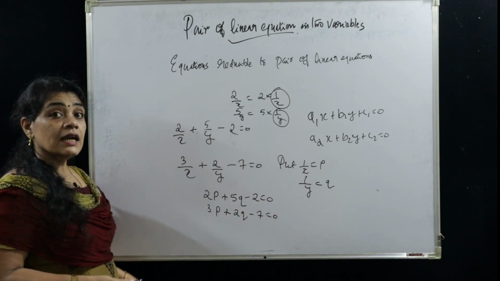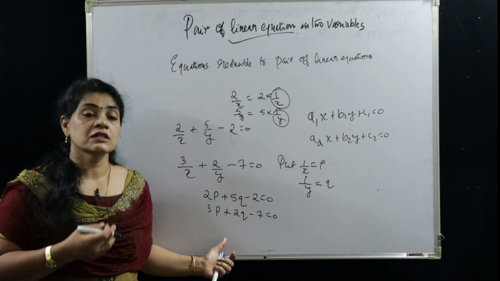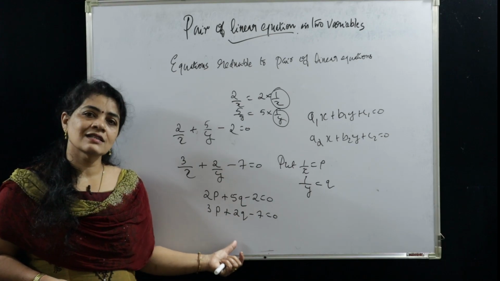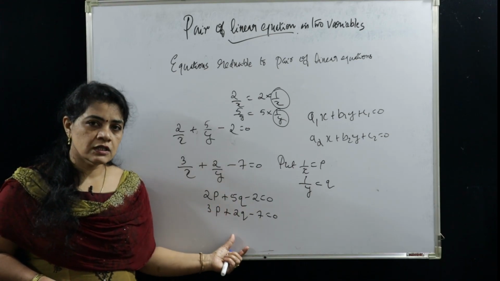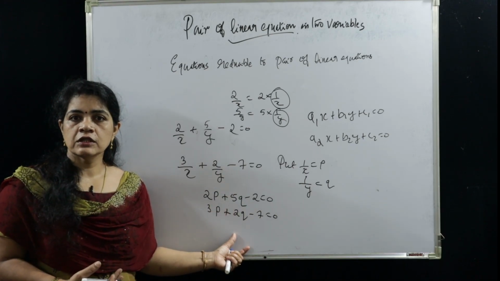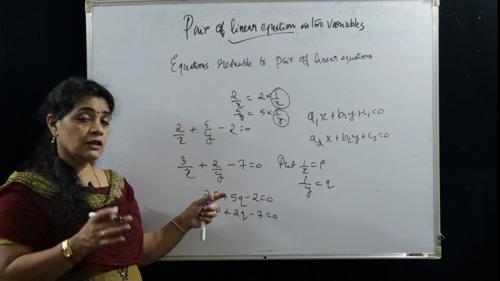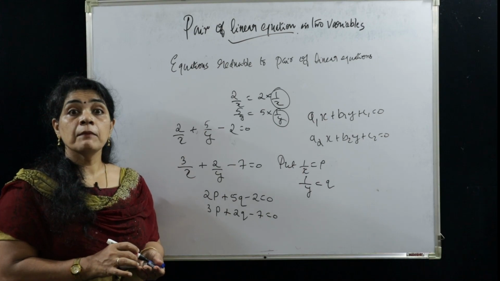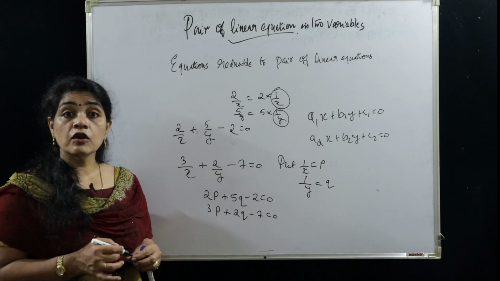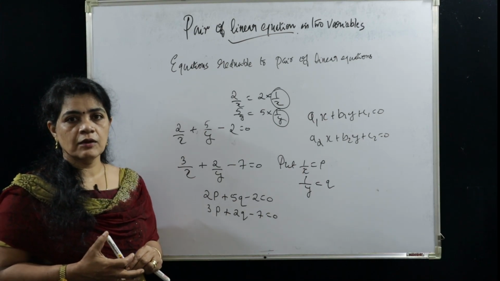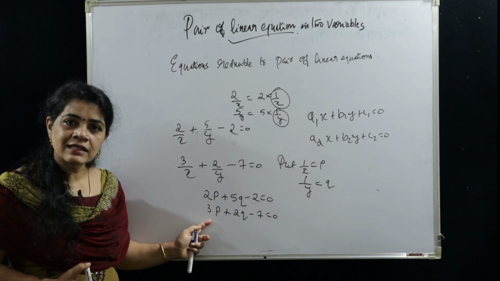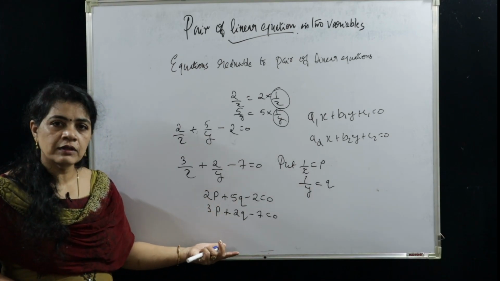See, children, here we have a pair of linear equations in the variables p and q. Then you solve this either using the elimination method or the substitution method. If you are using the elimination method, make the coefficient of any one of the variables the same. You can choose p or q, that doesn't matter.